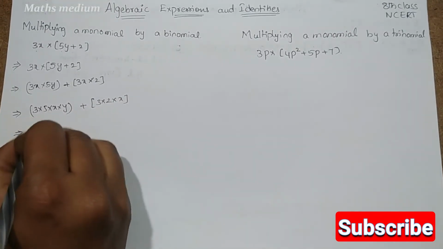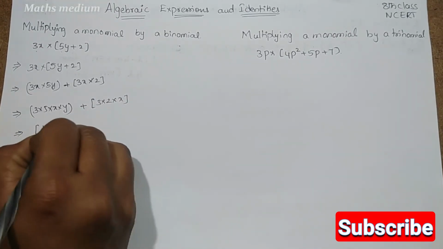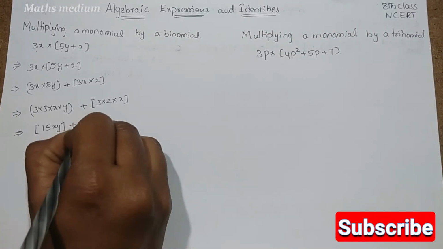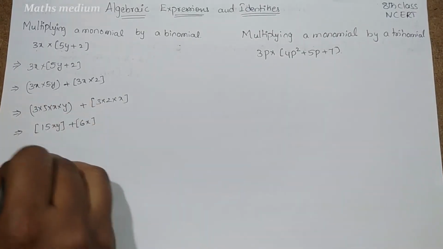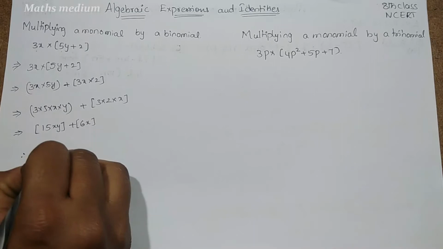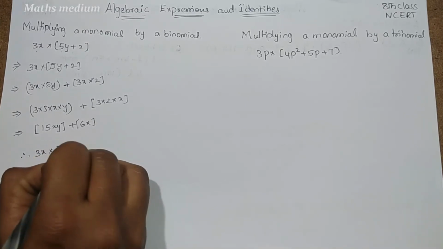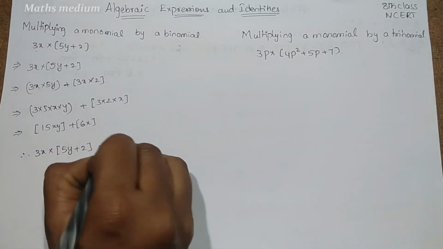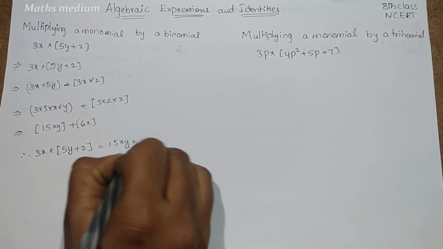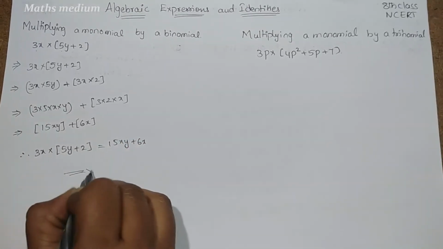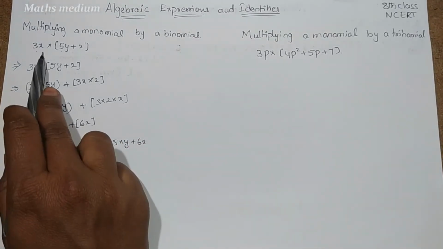Now 3 5s are 15xy plus 3 2s are 6x. Therefore 3x into (5y plus 2) is equal to 15xy plus 6x, which is the answer for multiplying a monomial with a binomial.